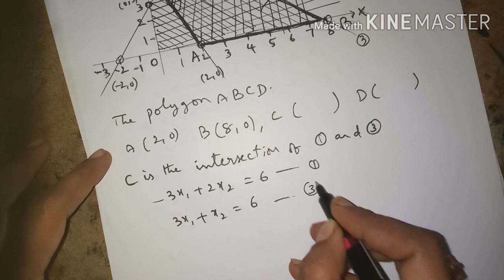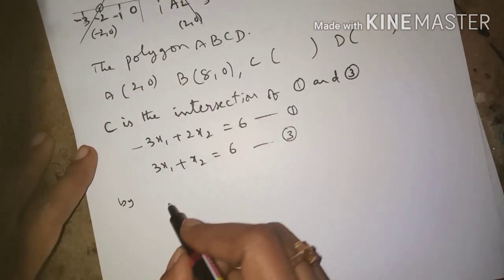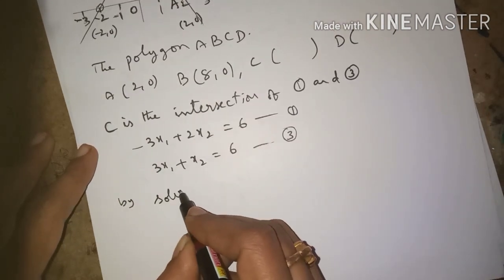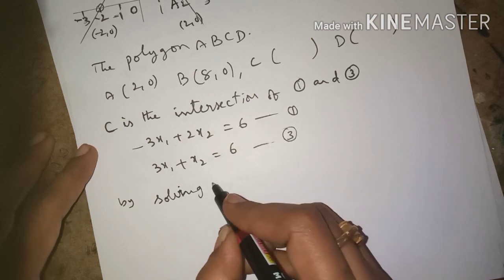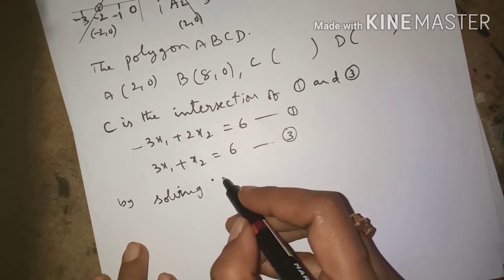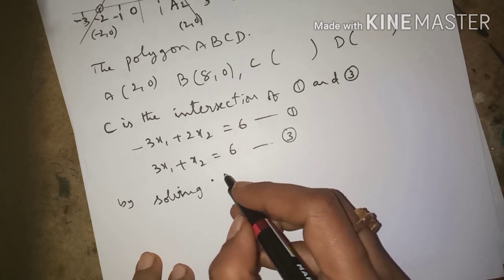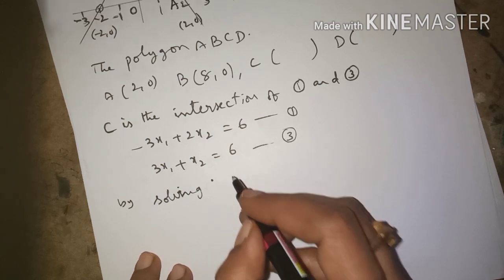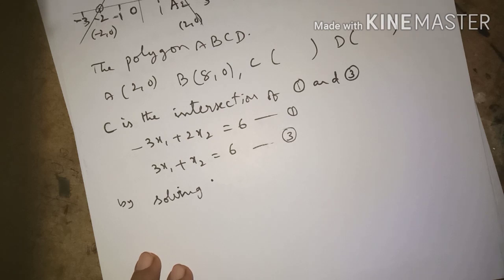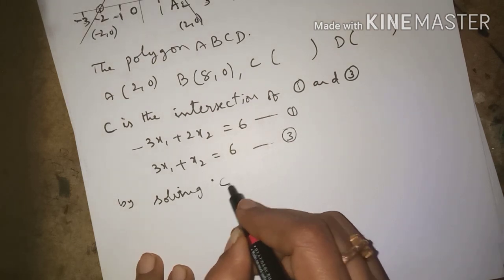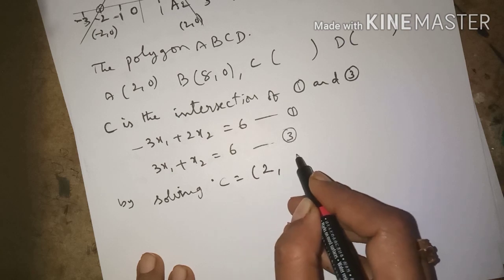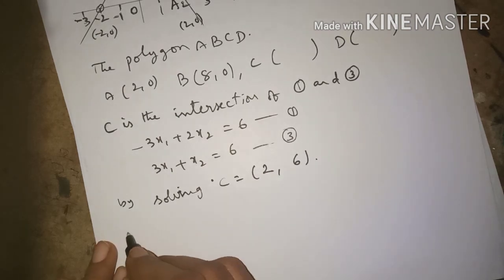First and third, by solving the two equations, we will get C value as C is equal to (2, 6).